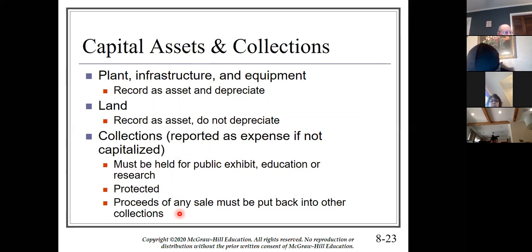So if a city owned a museum, the museum contents would be classified as collections. If a library had books for education, they would be classified as collections.